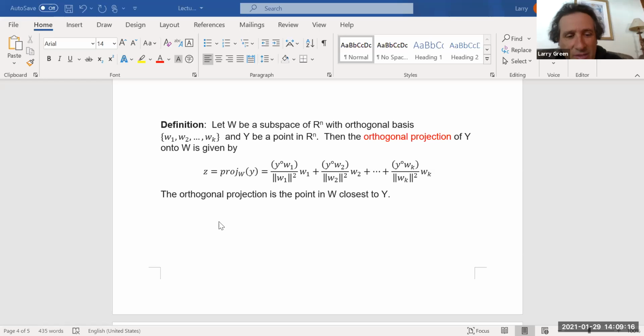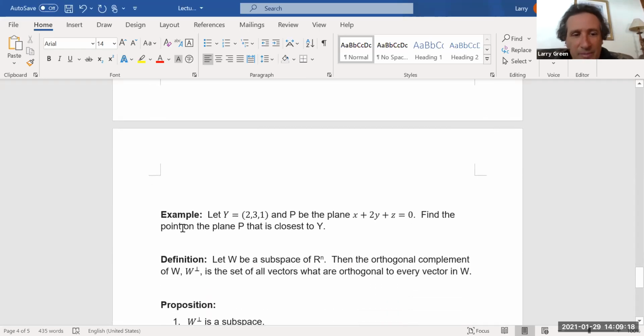All right, so here comes an example. Let's suppose Y is the point 2, 3, 1. And let's suppose P is the plane X plus 2Y plus Z equals 0. And hopefully you can all in less than 2 seconds tell me that Y is not on this plane. Do you all believe that?